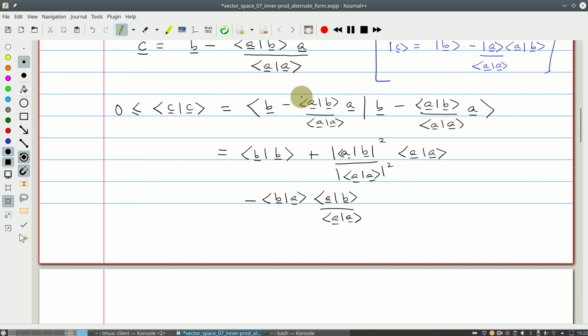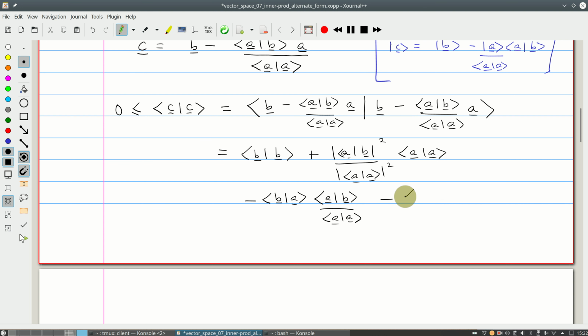Now this term over here has these two inner products in it. These are scalars, and this term is in the bra side, so these scalars need to be complex conjugated when you perform this sum. So we're going to have a minus sign, and we take the complex conjugate of these scalars.